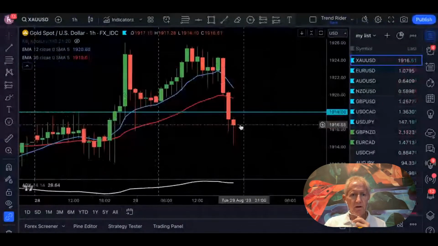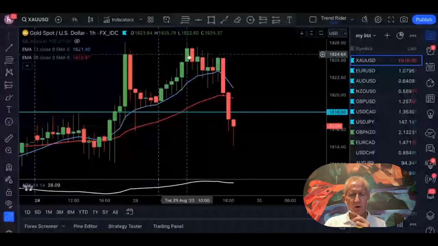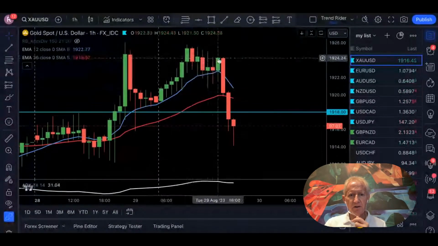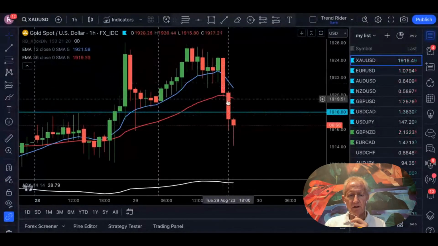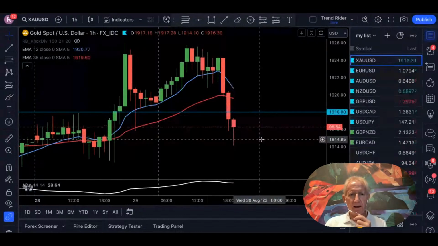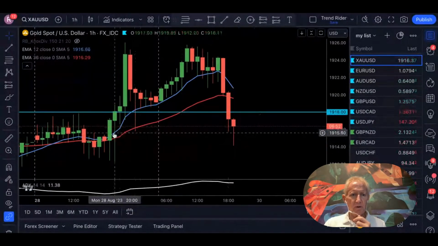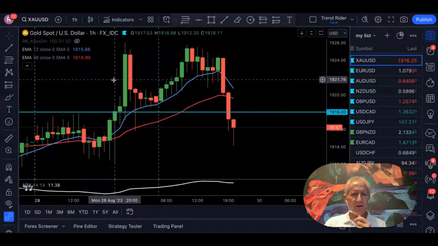Yeah, you see, it made a good move up during the Asian Pacific session, went sideways during the London session, and now is starting to fall down from the London session and the beginning of the U.S. session, with the bears really having taken over control. After yesterday's session, it looked like, briefly anyway, that we might see a bullish run.